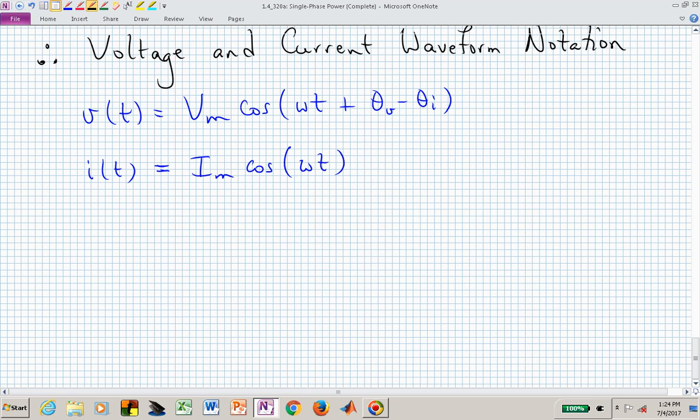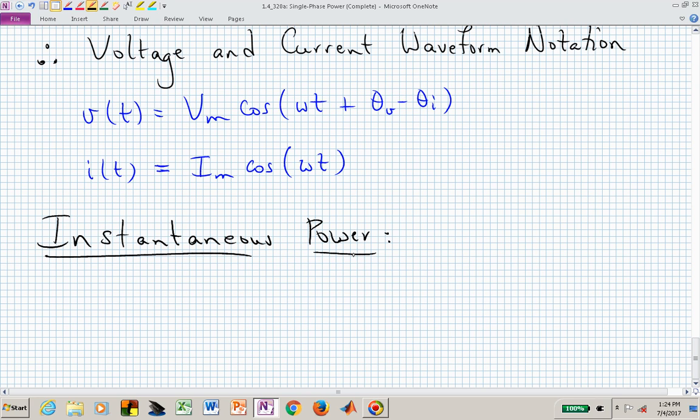What we want to do now is look at the instantaneous power. Now that we have our notation in place, let's use that notation to find little p of t, which is just the product of v of t and i of t.